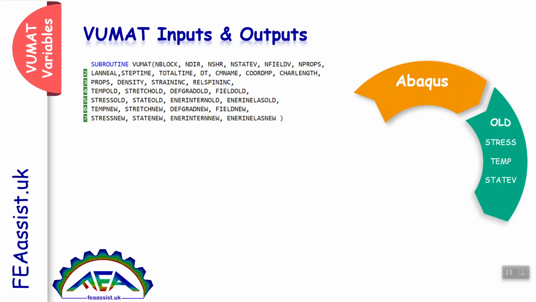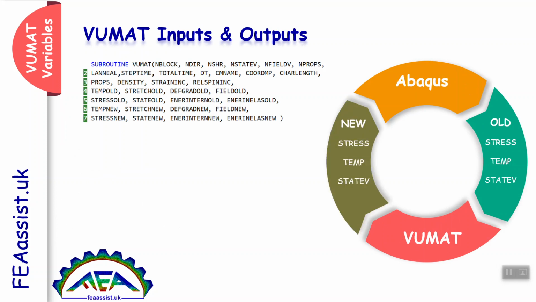The old values or the initial values are transferred to the VUMAT. Inside the VUMAT, we need to write a new equation or some new equations to redefine these values, and the new values of the variables return back to Abaqus. This is how Abaqus and VUMAT interact with each other, which is necessary to understand in order to write a good working VUMAT.